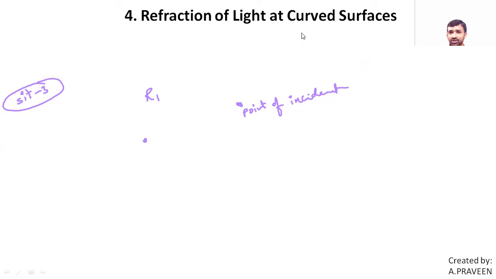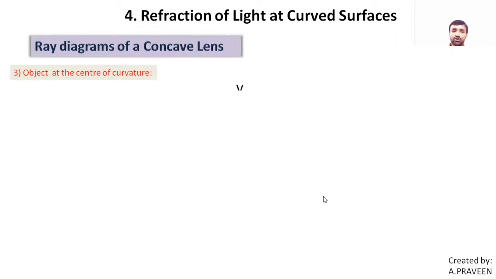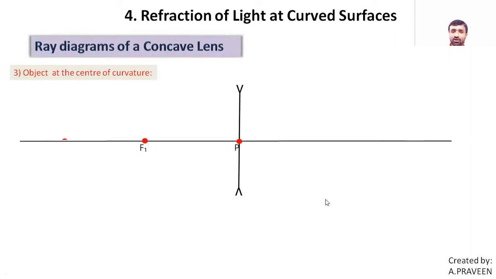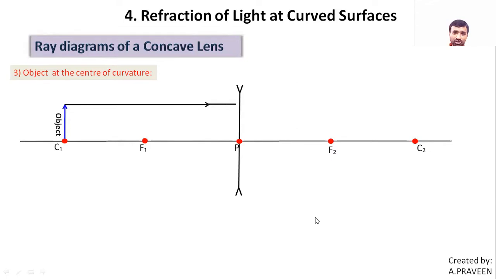What is the next situation? Placing the object at the center of curvature. So the object is placed at the center of curvature on the principal axis, shown like this. So here I got the position. Then completing the rays. First ray parallel to the principal axis. Same logic you can follow. Connect the focus and the point of incidence.